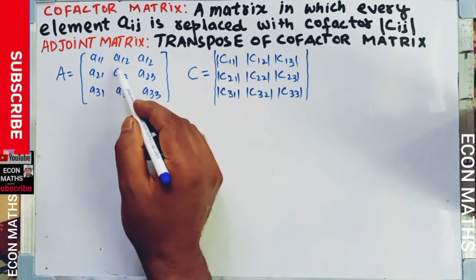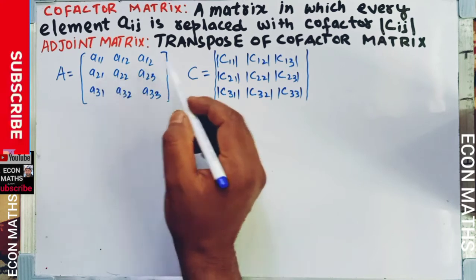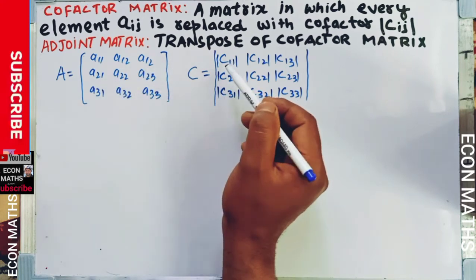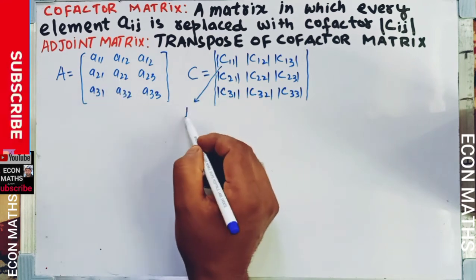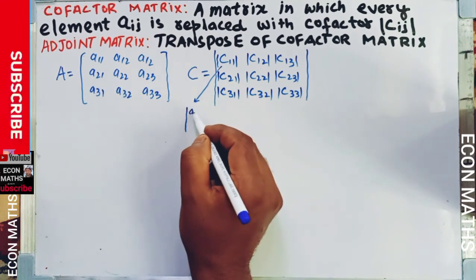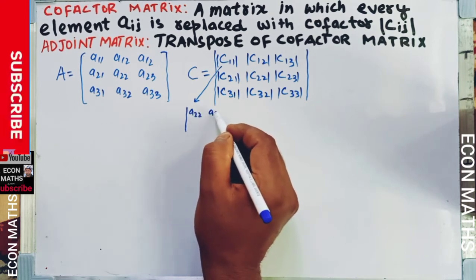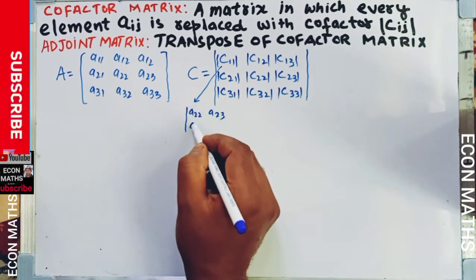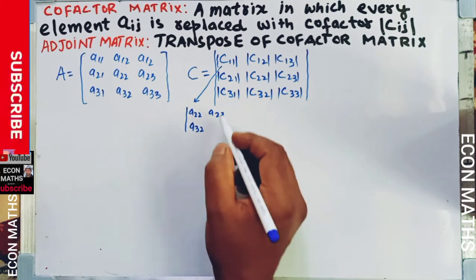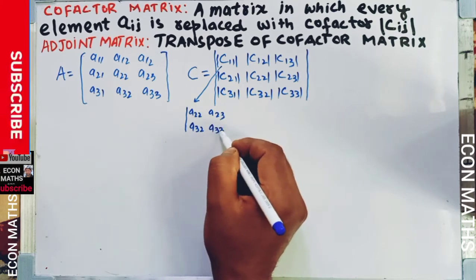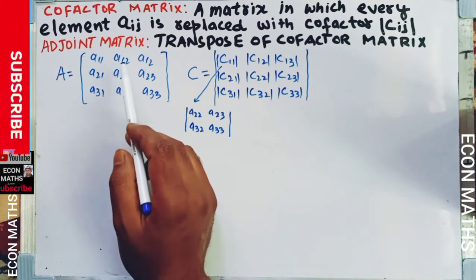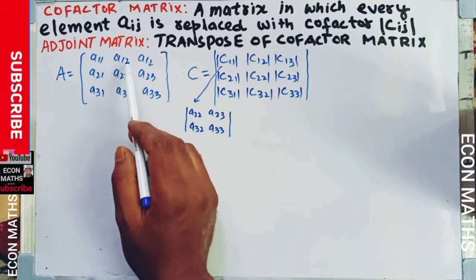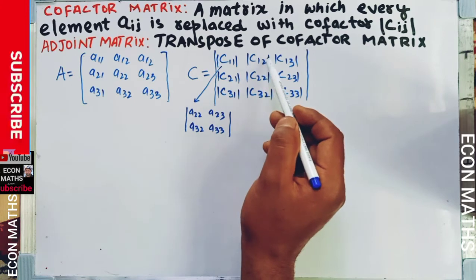Now the determinant of these elements is denoted by C11. That is, this C11 is the determinant of A22, A23, A32, and A33. Similarly, this A12 is replaced with its cofactor, that is C12.